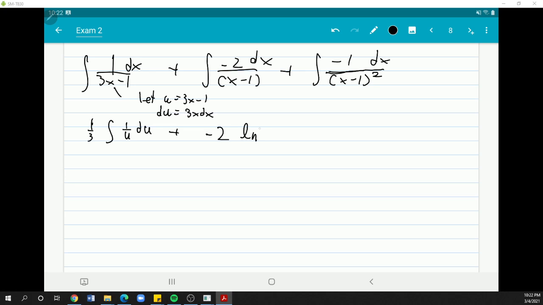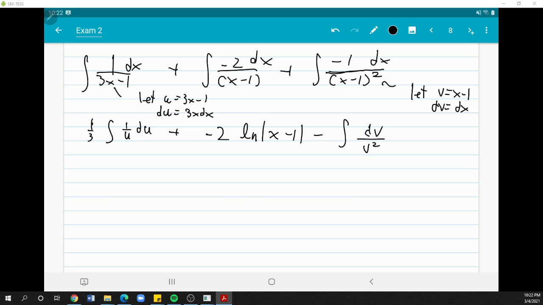This one I'm comfortable just showing that it's natural log x minus 1. Nothing too crazy there. And now here on the left, I've used u, so let me call this v, equal to x minus 1. Then this is really minus integral dv would be dx. So minus, I took the minus out, I have 1 over v squared dv.